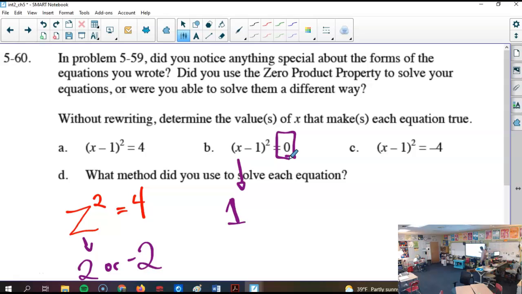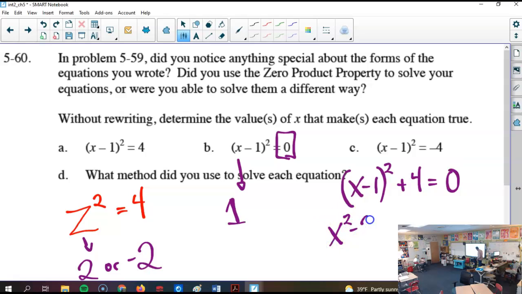But if I just play with this a little bit, x minus 1 squared plus 4, no, it'd be minus. That's impossible, right? Does algebra let me do that? x squared minus 2x plus 1 plus 5 equals 0.